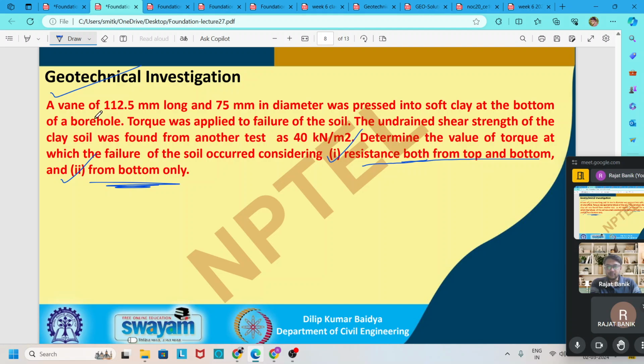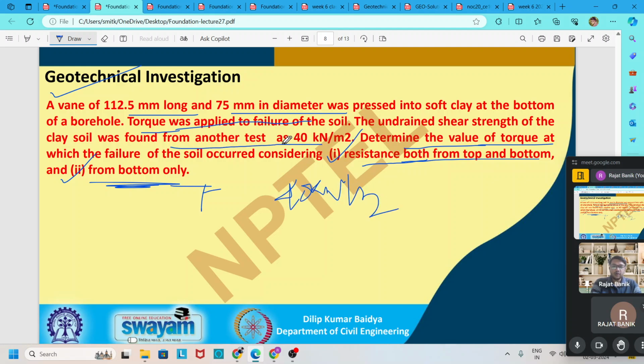The vane height is given as 112.5 mm, and the diameter is given as 75 mm, and we have to determine the torque T when the undrained cohesion is given as 40 kilonewton per meter square.